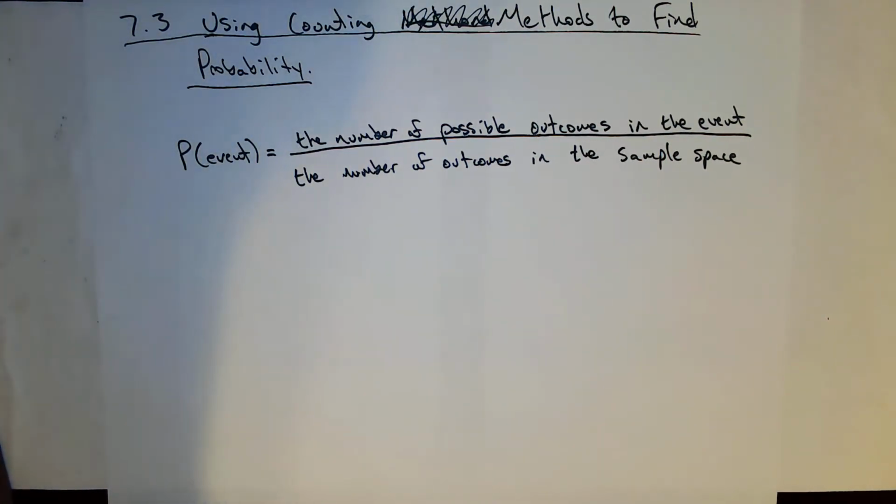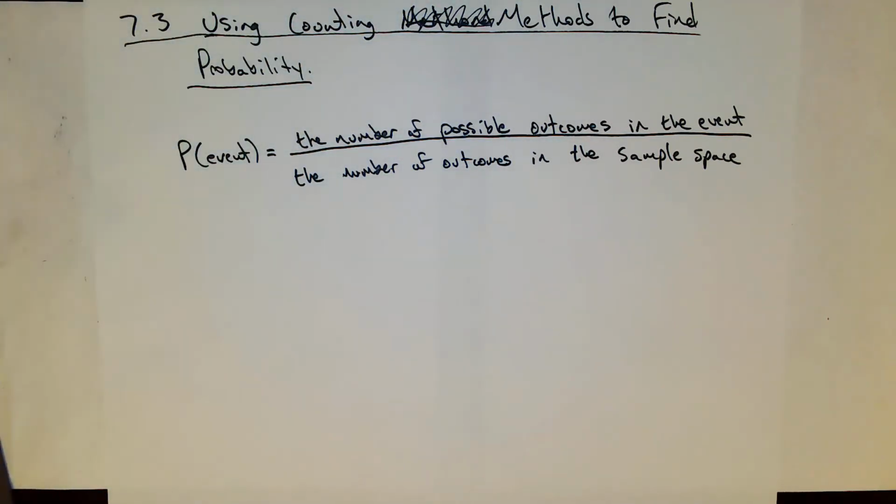All right, so all of 7.2 was about finding the number of outcomes in the sample space. Again, whether we knew it or not, that's what we were doing. The whole point of using these counting methods was to figure out how to count large things, things pulled from groups, for combinations and permutations and different ways to order things and so forth.